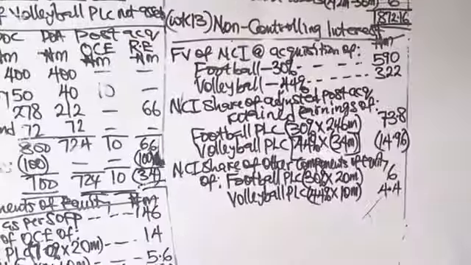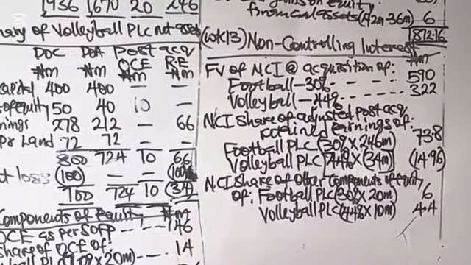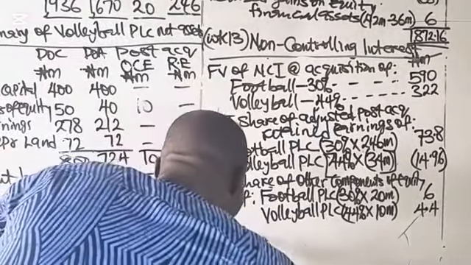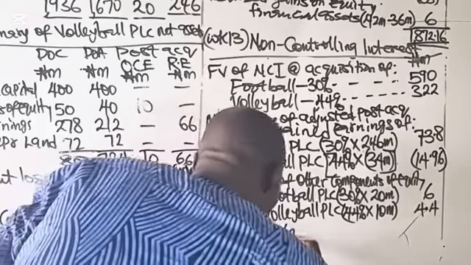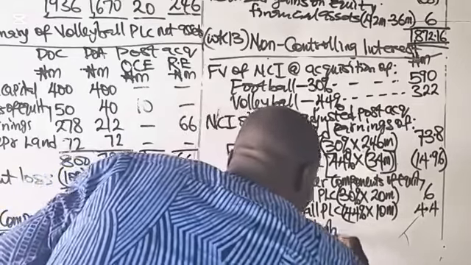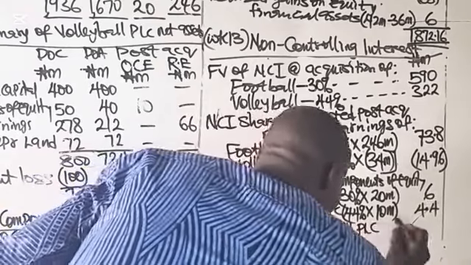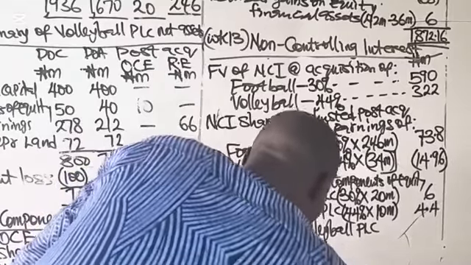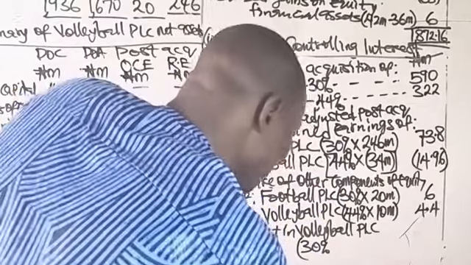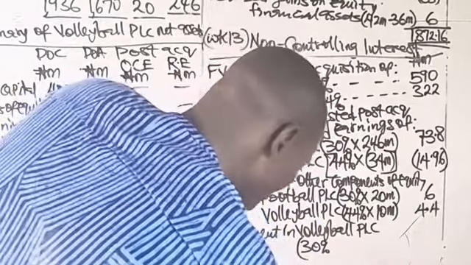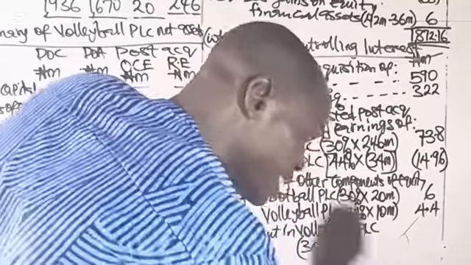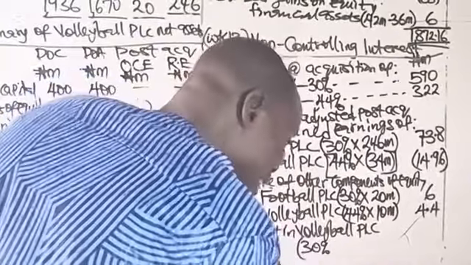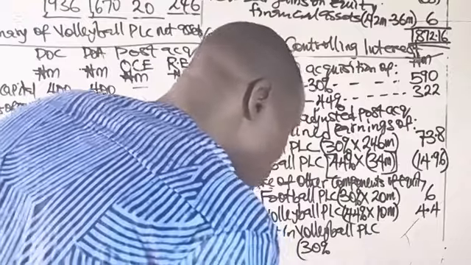Now let's reduce our non-controlling interest by 30% for the investment in volleyball PLC, since the parent acquired 70% in football. It is the percentage of the parent that will be used to share it.